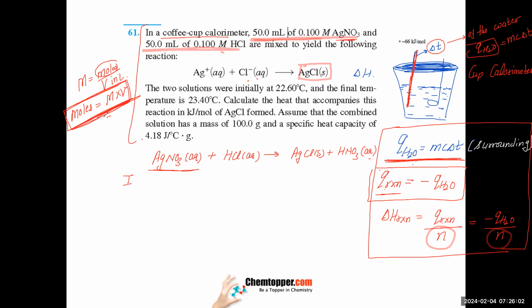These are millimoles. Siri, you are giving me millimoles because you didn't convert milliliters to liters. Can you see that in the definition I have taken volume in liters?